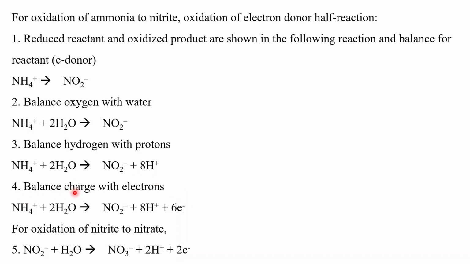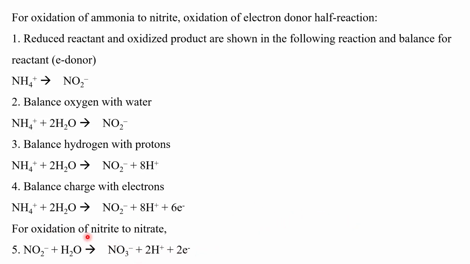What was the second step? The second step was nitrite into nitrate. So here I've directly written the balanced equation, but you can try balancing it on your own. So if you have NO2- goes to NO3-, N is already balanced. Oxygen, you have 2 oxygen on the left hand side and 3 oxygen on the right hand side.